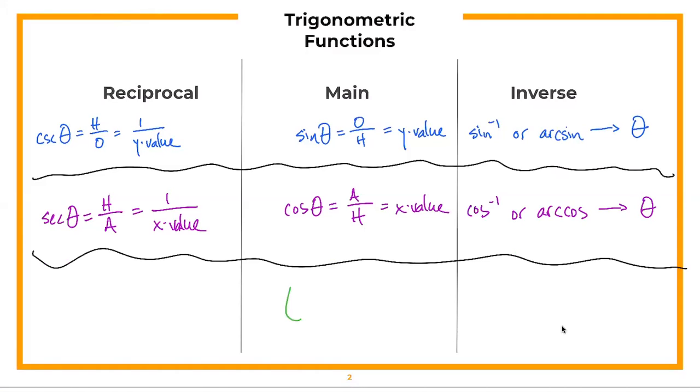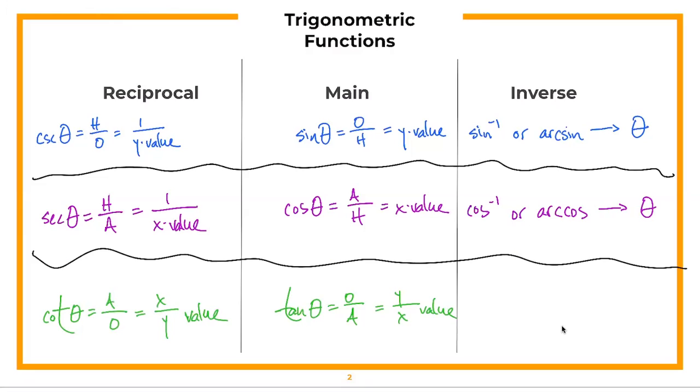Last but not least, we have tangent theta. That is opposite over adjacent, and that is the y over x value on the unit circle. Its reciprocal trig function is cotangent of theta, which is adjacent over opposite, or the x over y value of the angle.